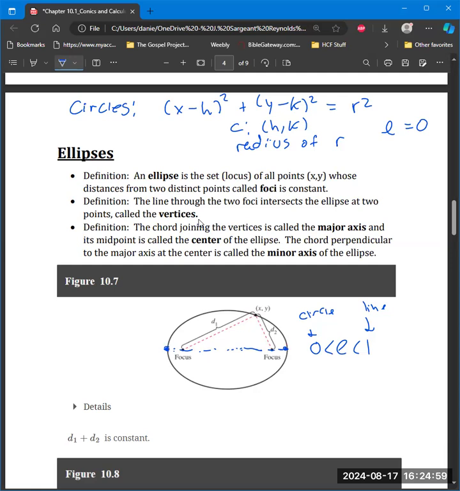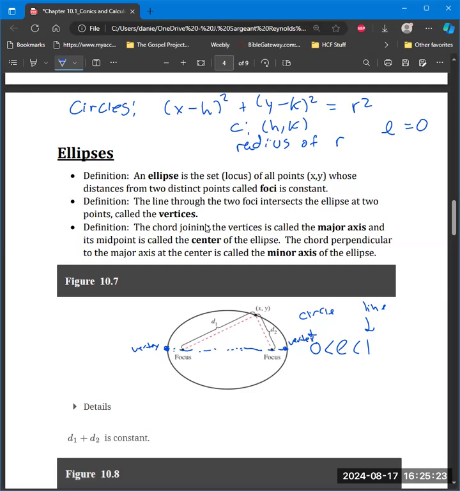They're not going to be on the inside, they're external there. So they're on the boundary. There's a vertex and there's another vertex over here, but they're on this line that goes through the foci. The chord that goes from the center to the edge there is what a chord is.